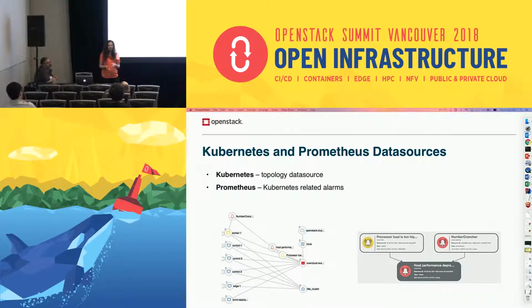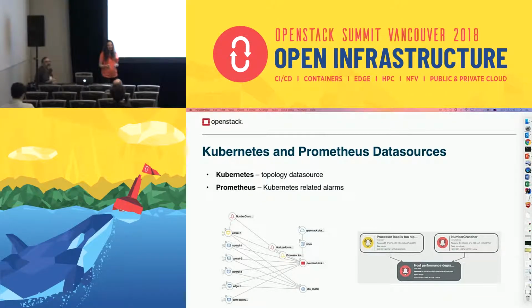We are adding Kubernetes and Prometheus data sources. I don't think I need to explain why Kubernetes is needed, both for Kubernetes environments and for hybrid environments with OpenStack. We are now showing in the Nokia booth a live demo of Vitrage with Kubernetes and Prometheus.